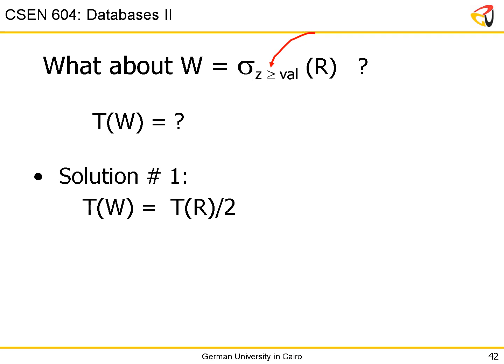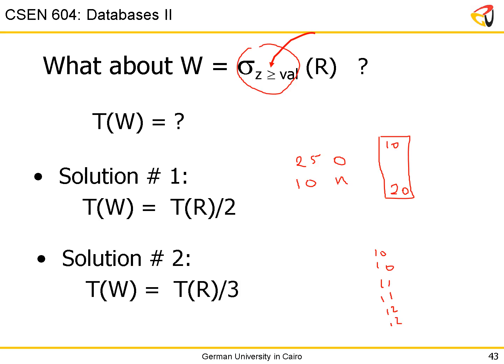T of W, the number of tuples in W, is going to be half multiplied by T of R. Now, a second solution that researchers also adopted, and some database engines followed, is that the size of W is going to be 1/3 of the input relation. So 1/3 multiplied by T of R.